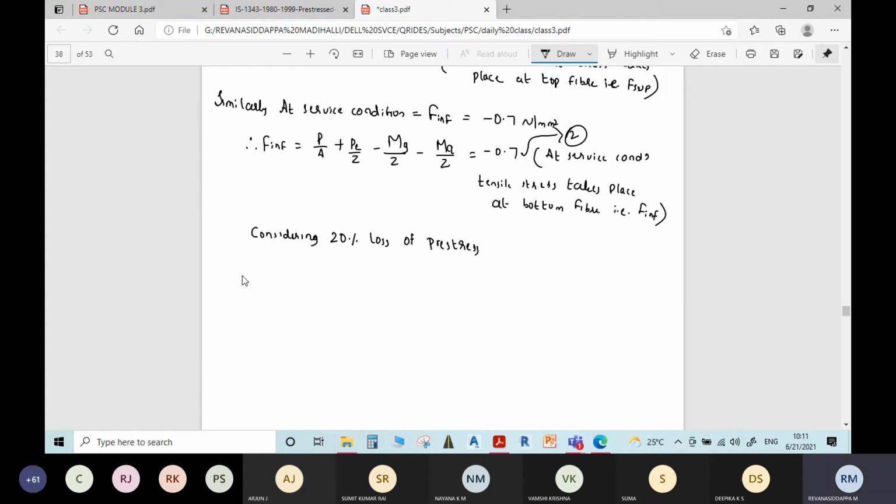So it becomes F inferior is equal to 0.8P divided by A plus 0.8Pe divided by Z minus Mg by Z minus Mq by Z. Call this as equation number 3.